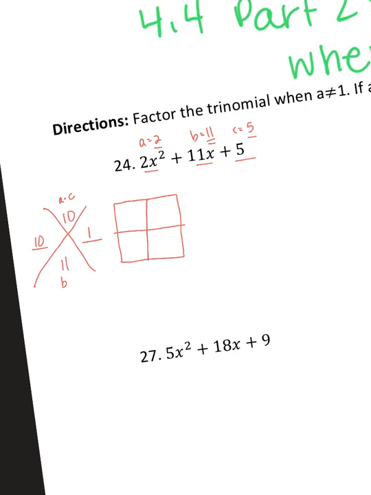Okay, so what the diamond has done is it has given us these 2 numbers, okay? And what we're going to do is take our 3-term trinomial, 2x squared plus 11x plus 5, and split this middle term in order to make it a 4-term trinomial.